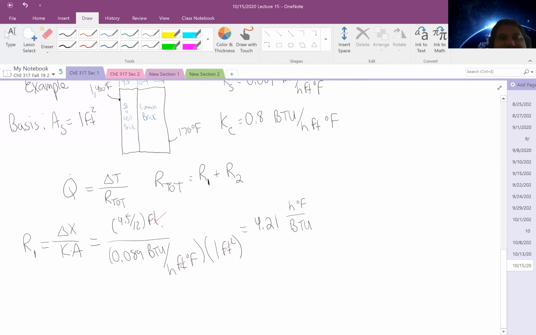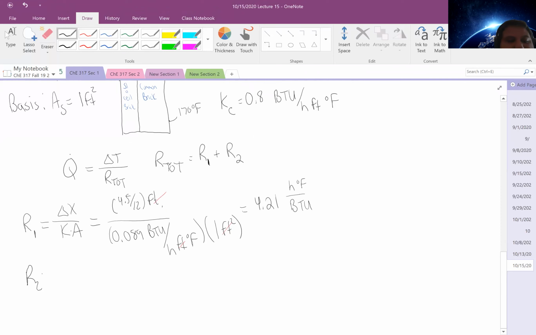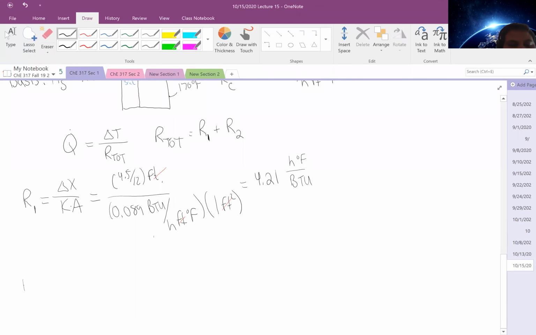So what I need to find out next is my second resistance. Same equation, but now I have 9 inches. Here, if you want to make this a little neater, I'll express this down. 0.8 BTUs per hour foot degree Fahrenheit, times our 1 square foot.